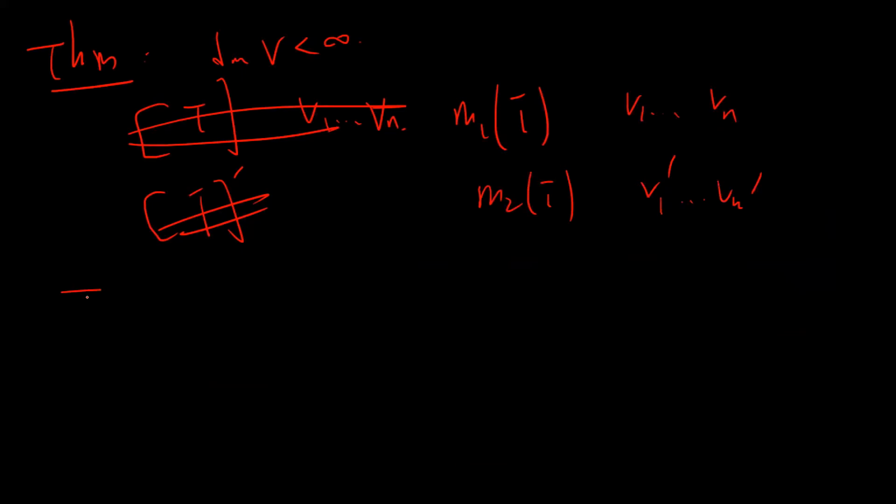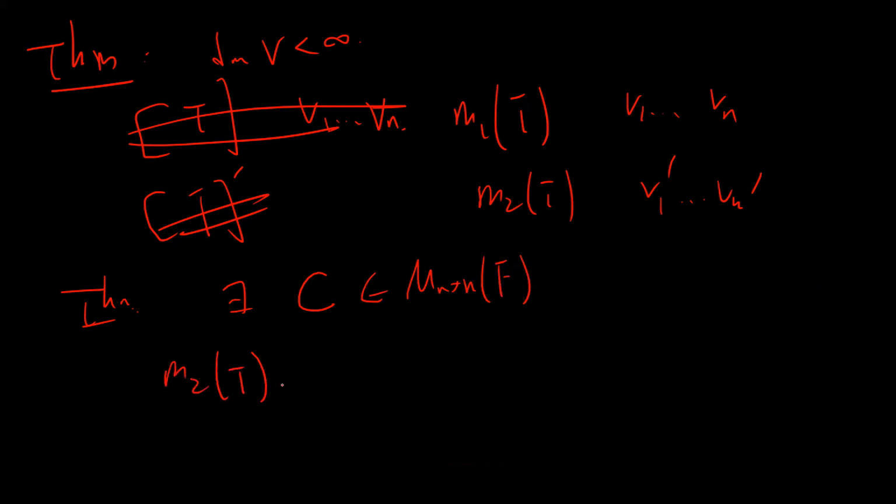The theorem says that there exists a C, an n by n matrix, such that they are similar: M2(T) equals C M1(T) C inverse. By the way, this inverse is well defined. So this is what we need to prove.